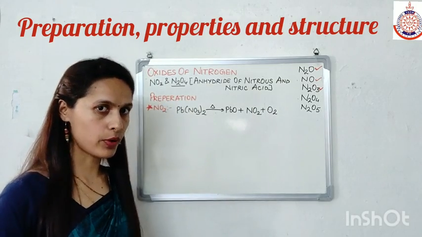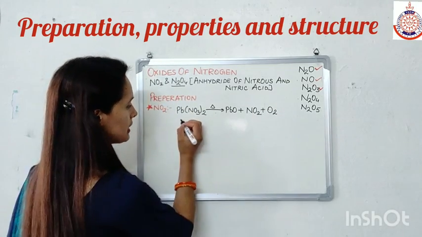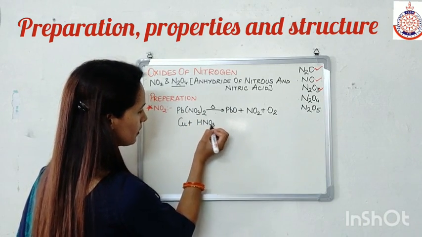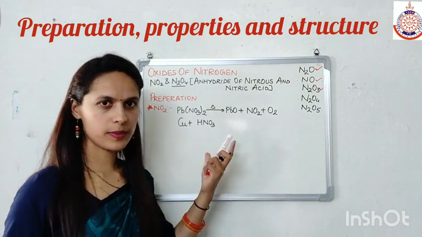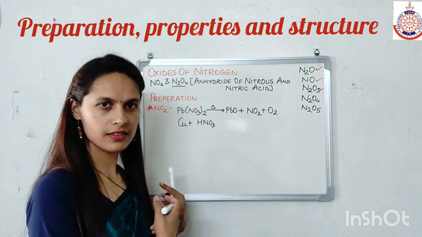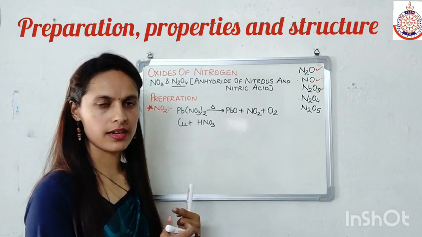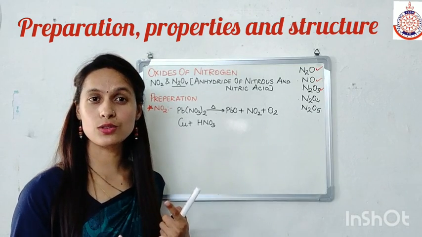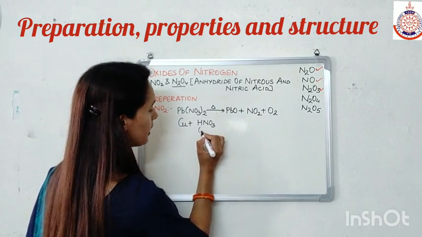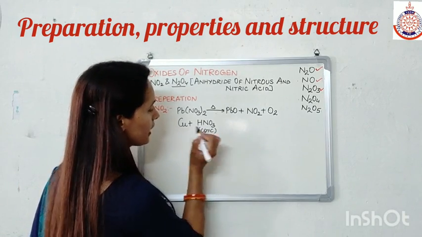Now the second point is Cu plus HNO3. Remember something. We studied a short time ago Cu plus HNO3, but there we studied dilute HNO3. Here it is concentrated HNO3.